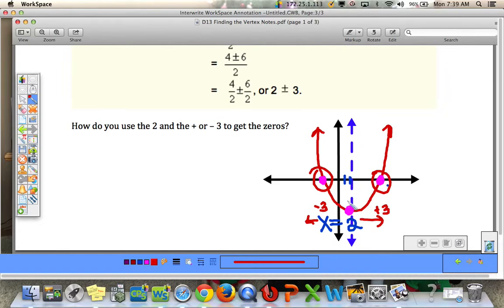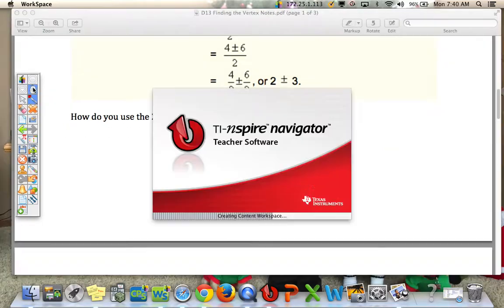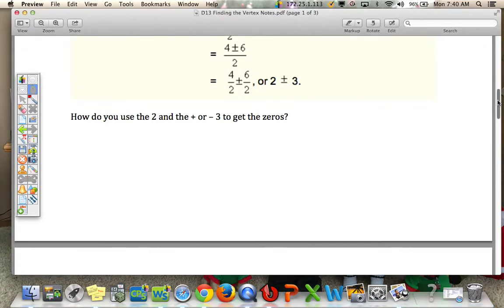So again, if we have this middle number here, the 2, if we add 3, we would get the first zero, and if we subtract 3, we would get the second zero. So again, if we use the quadratic formula, not only can we find the zeros, we can actually find the vertex as well. And we have not practiced doing that. We've just found the zeros, the roots, the x-intercepts using the quadratic formula.